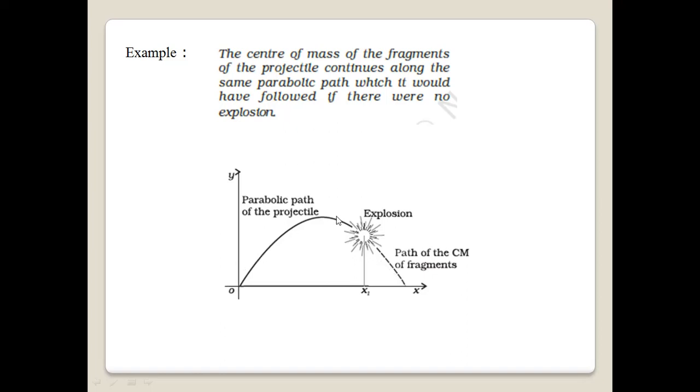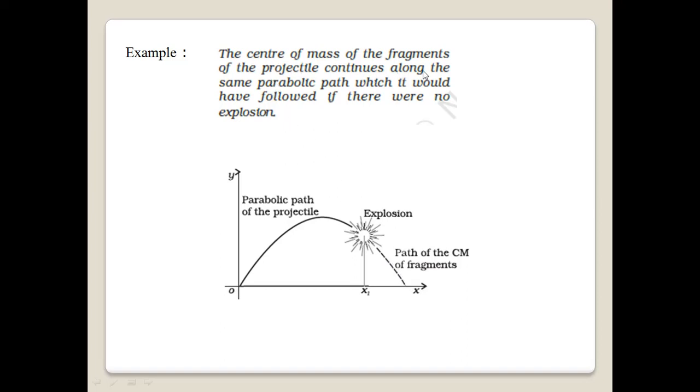The parabolic motion is due to gravity. So what happens? All the fragments from the center of mass will just continue along the same dotted lines. Only a few particles will fly off, but the center of mass will move along the same gravitational line.